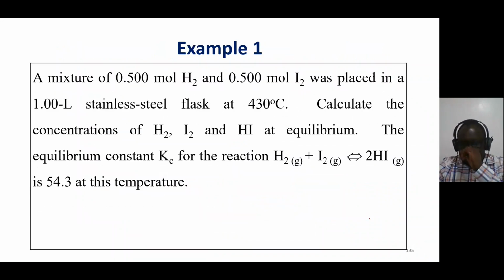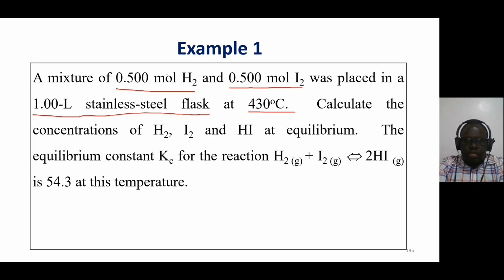Let's look at another example here. A familiar reaction, that is the formation of HI from H2 and I2. So in this case, you have a mixture of the reactants. You have 0.5 moles of hydrogen and 0.5 moles of iodine placed in a 1 liter stainless steel flask at that temperature.